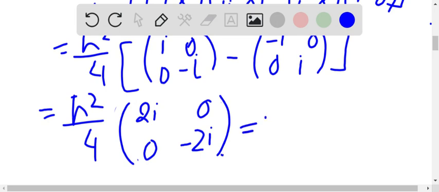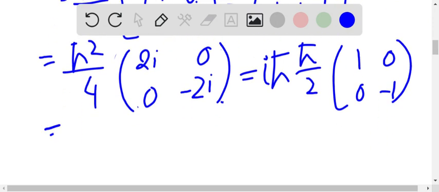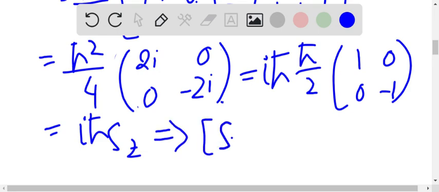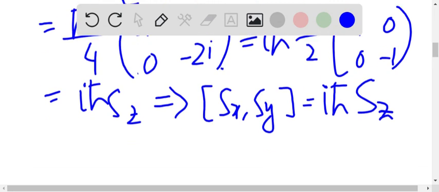So this is equal to i ħ times ħ divided by 2 times [1, 0; 0, -1]. And this is S z, that is basically the commutator of S x and S y is equal to i ħ S z.